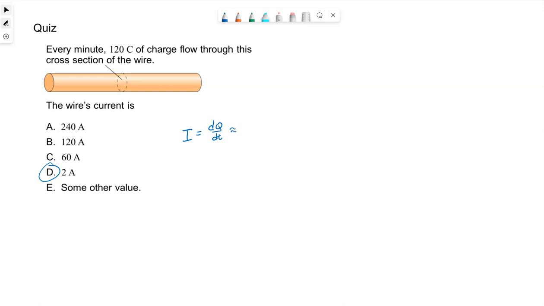We can look at the charge per time here. So we're told there's 120 coulombs of charge in a minute, but a minute is 60 seconds. The coulomb per second is an amp. That's why we needed to put the 60 in for minutes, so that we would end up with amps. So there would be 2 amps of current flowing through this particular wire.